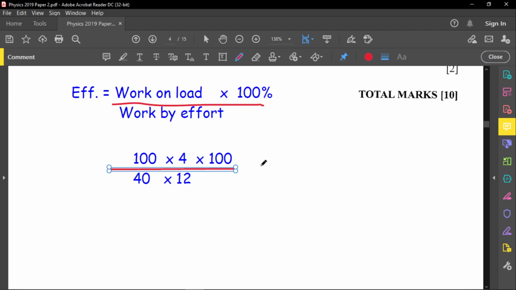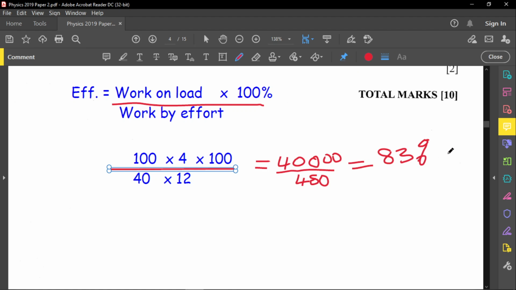Let me do this a shorter way: 400 times 100 is 40,000, over 480. And if that is over 480, then this will equal, again, 83%. So it works out. 83%. Both formulas do check out for us.